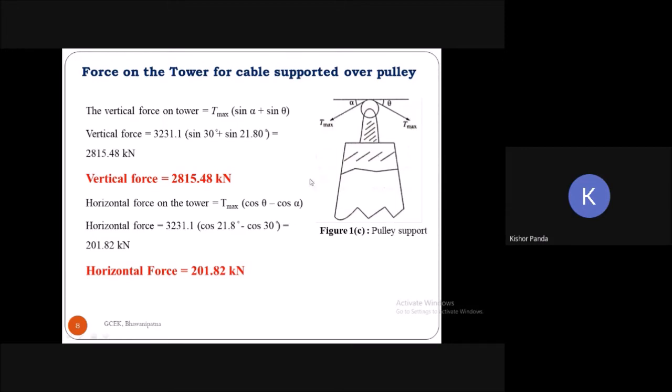So T max into (cos theta minus cos alpha). The horizontal force on the tower is equal to T max (cos theta minus cos alpha). After putting in the values, you get the horizontal force on the tower equal to 201.82 kilonewton. This is the horizontal force acting on the tower when the cable is supported over a pulley.